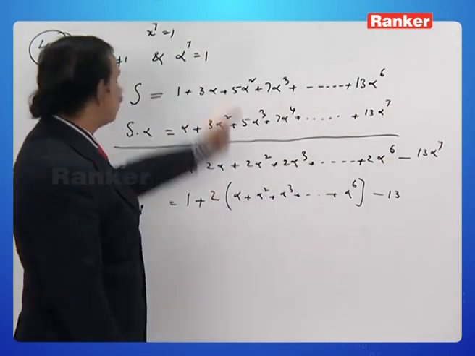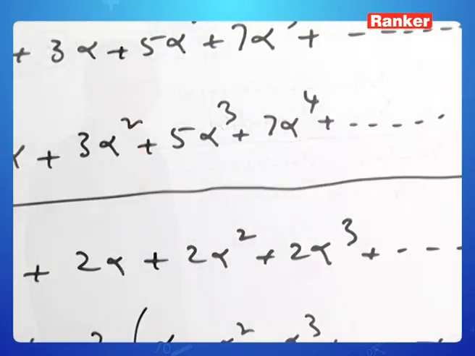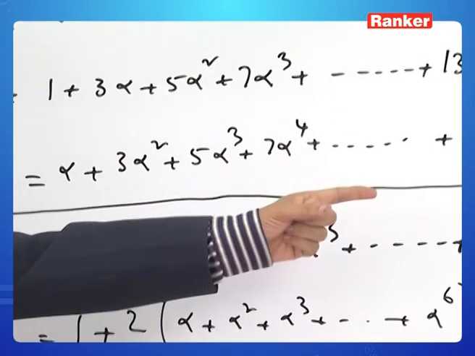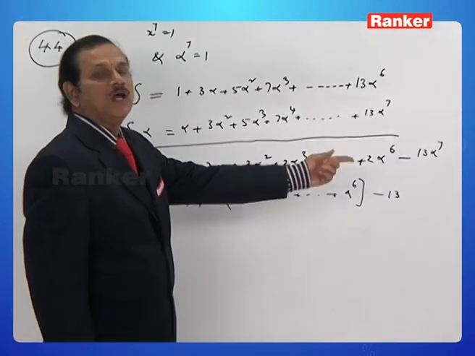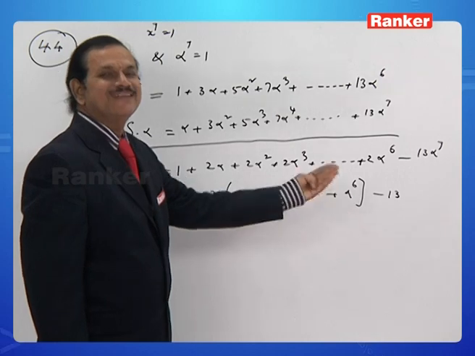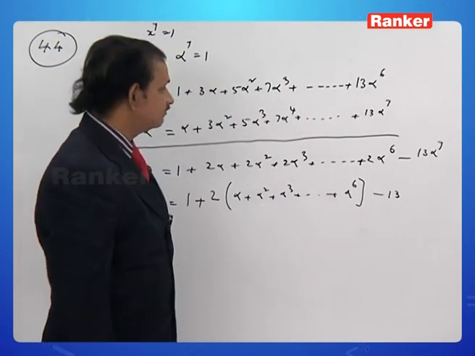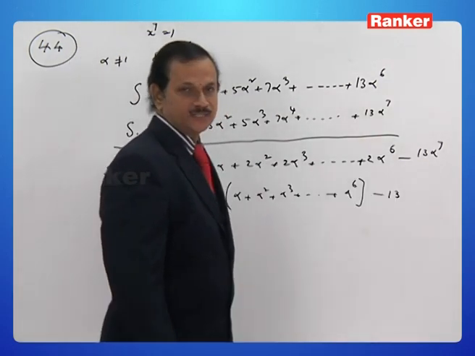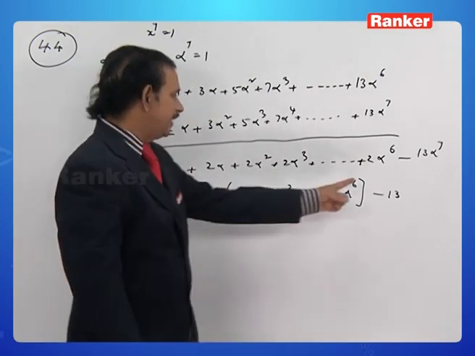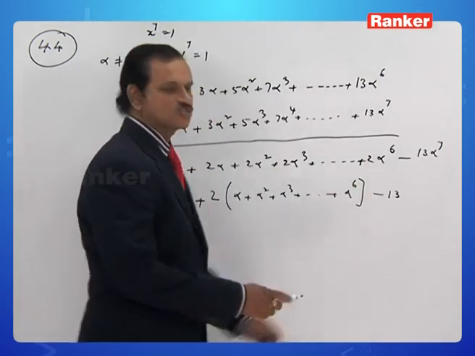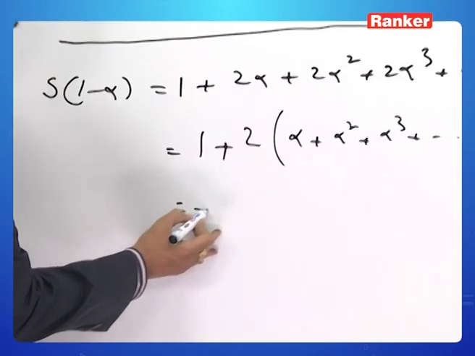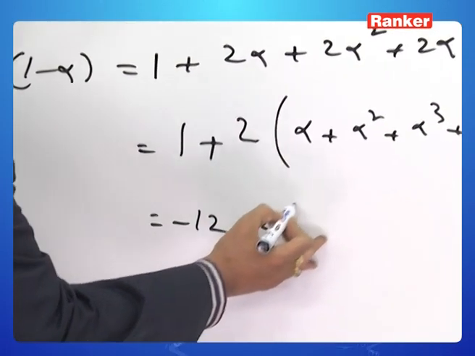Alpha power 7 is 1. I could have made use of that. Yes, of course. In the place of alpha power 7, we can use 1. Therefore, it is minus 13. Well done. 1 minus 13, how much? Minus 12, is equal to minus 12 plus 2 into.